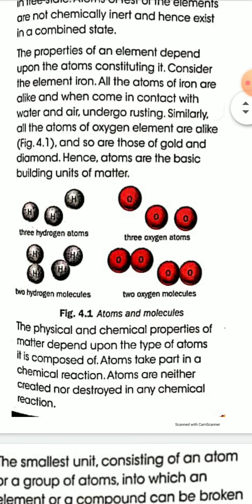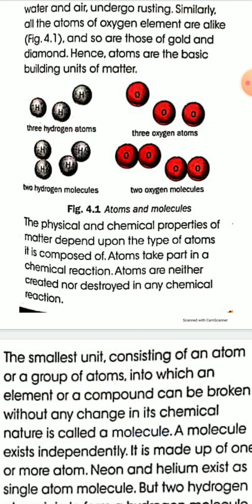In figure 4.1, some atoms and some molecules are given. On the left side, there are 3 hydrogen atoms and 2 hydrogen molecules. The 3 hydrogen atoms are separated from each other, but in the case of the 2 hydrogen molecules, each hydrogen molecule consists of 2 hydrogen atoms attached by a chemical bond.